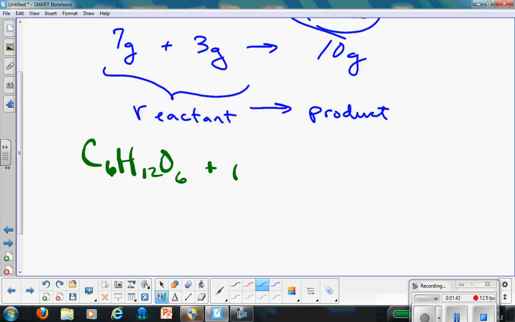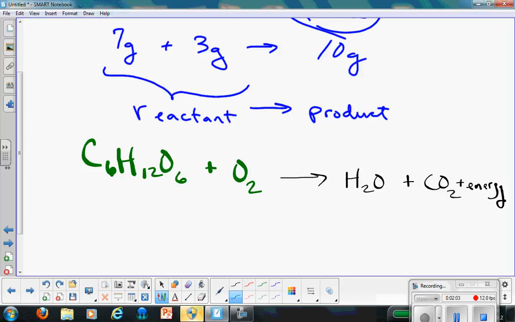I combine it with oxygen, and in doing so, it produces what? Water and carbon dioxide. And you also get energy from it.